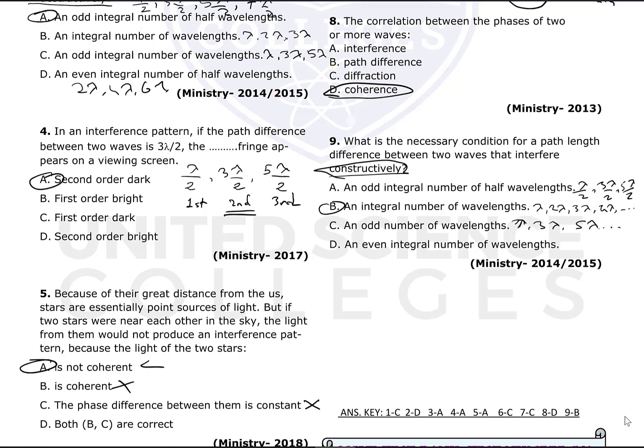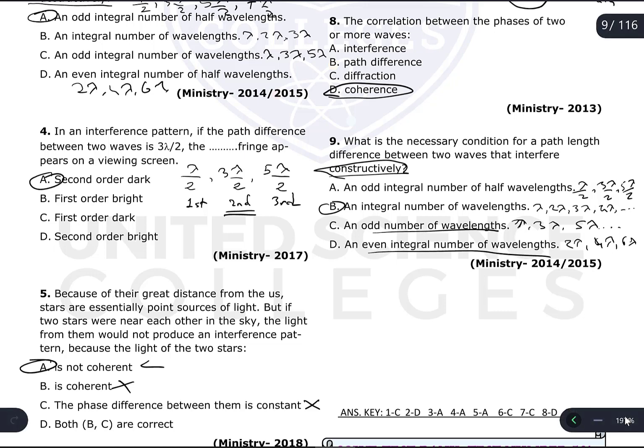D only talks about 2 lambda, 4 lambda, 6 lambda. So C talks about half of the correct answer, and D talks about half of the constructive interference. That's why they are not complete, but B talks about all conditions for constructive interference. So B is the most correct answer here.